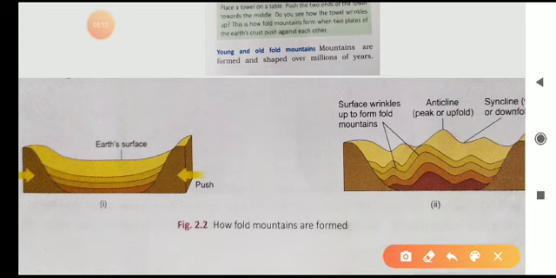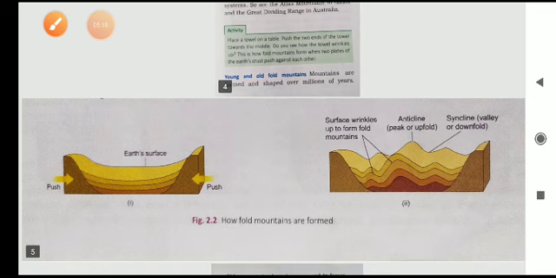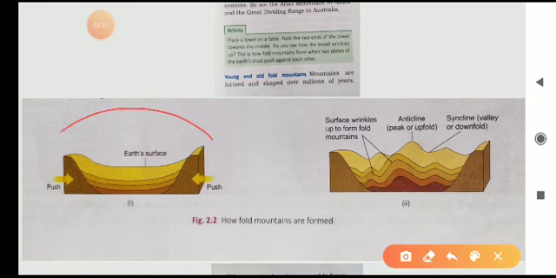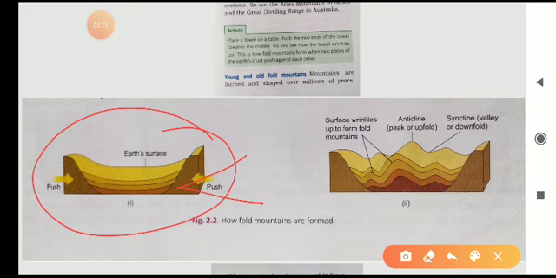The first picture is a normal earth surface. When natural forces push the earth surface from both sides, it forms wrinkles. These wrinkles are known as folds.